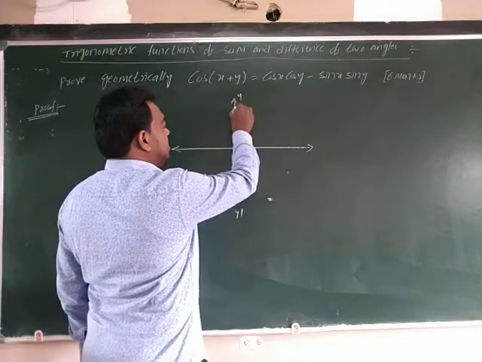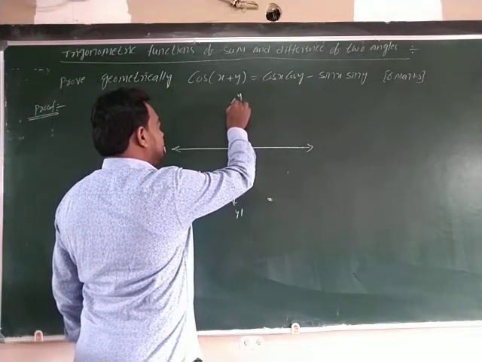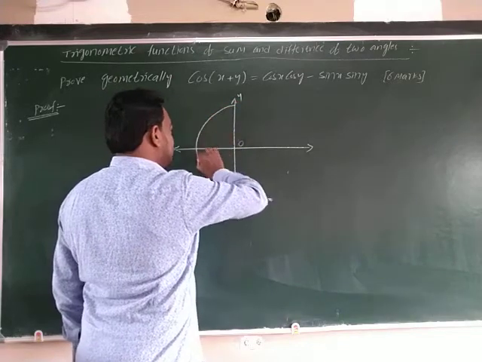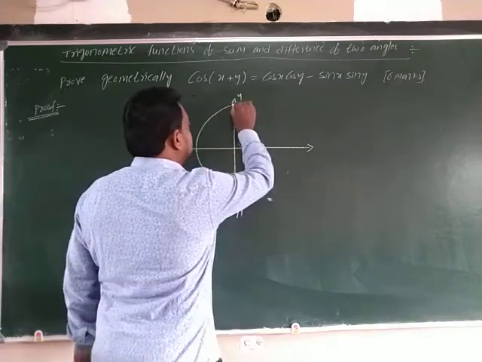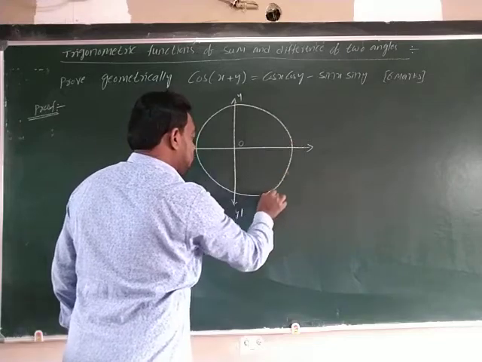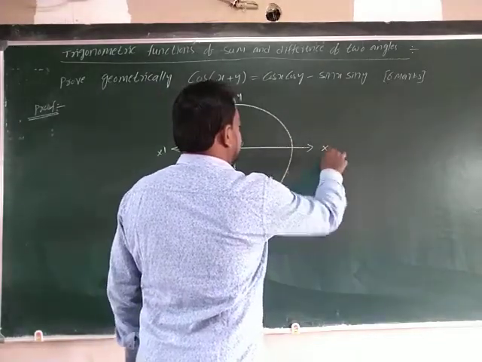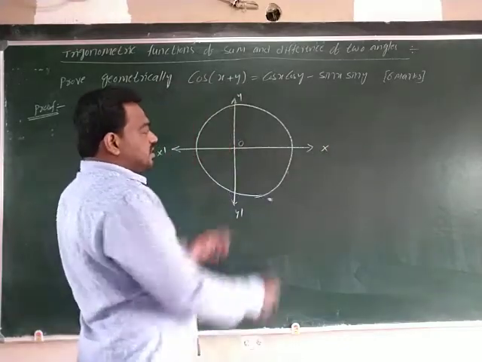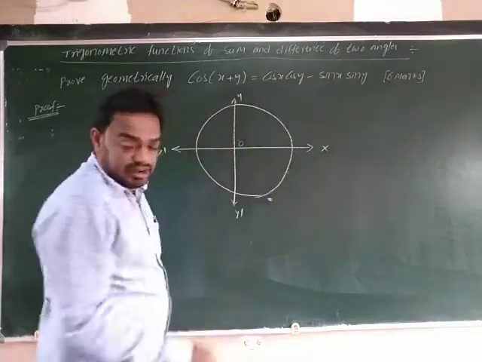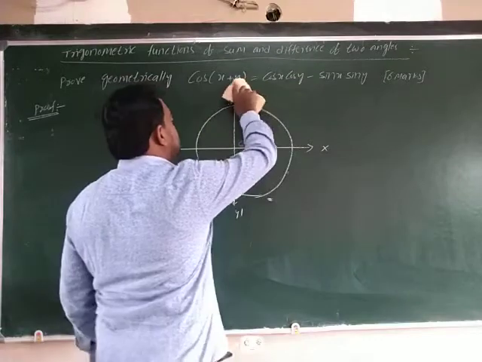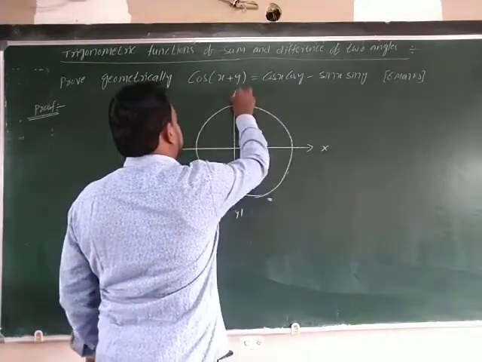Unit circle means the radius is 1 unit. So like this, you draw a unit circle. That means the radius of the circle is 1 unit.